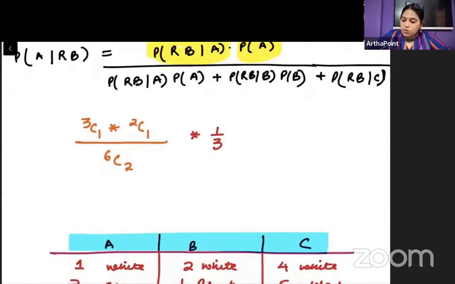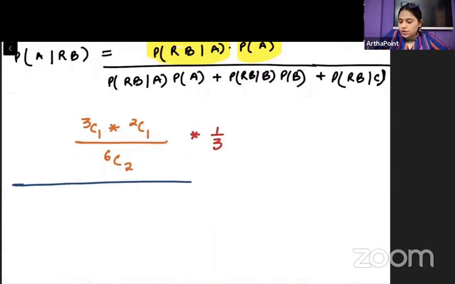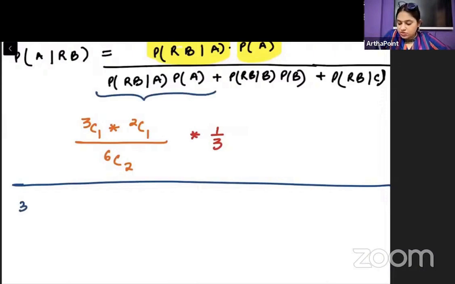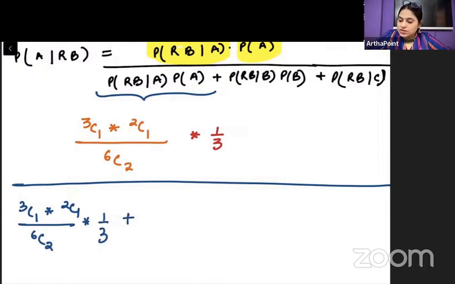Now, if I find out the denominator, this will be 3C1 into 2C1 by 6C2 into 1 by 3, plus, look here. Given that it is urn B, what is the probability of choosing a red and black ball?